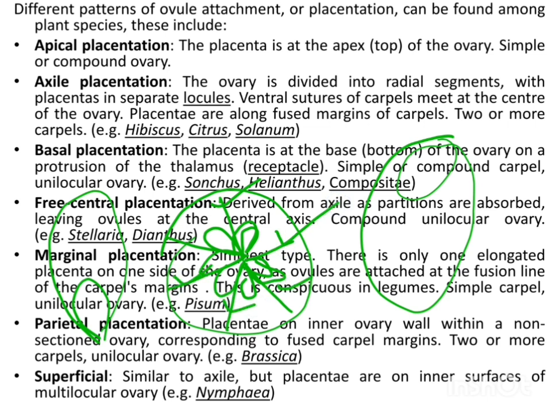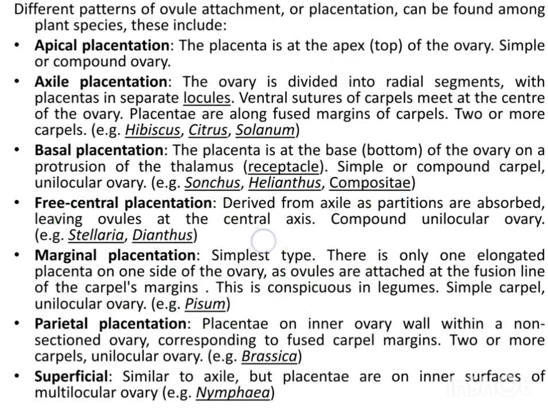Then marginal placentation, the simplest type of placentation. There is only one elongated placenta on one side of the ovary, and the ovules are attached at the fusion line of the carpel's margin, as in Pisum sativum. In pea, they are attached like this to the margin.